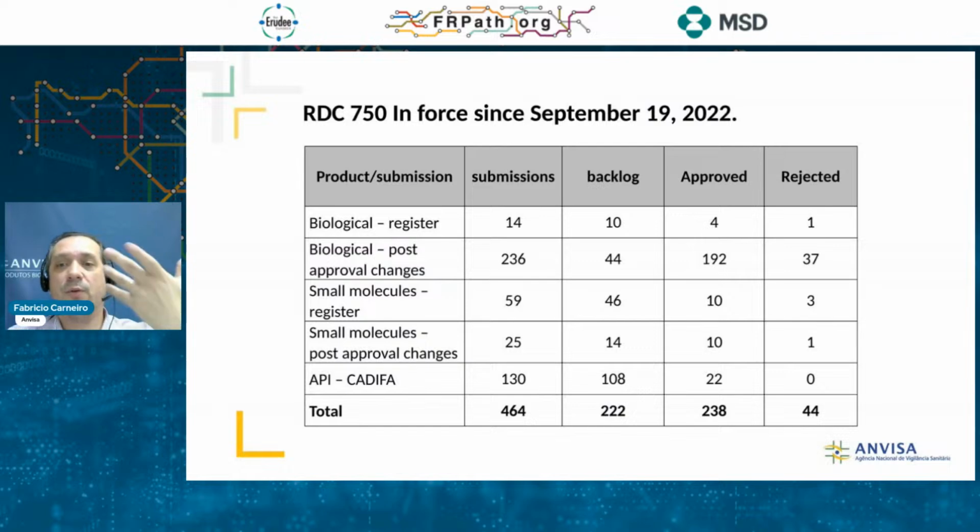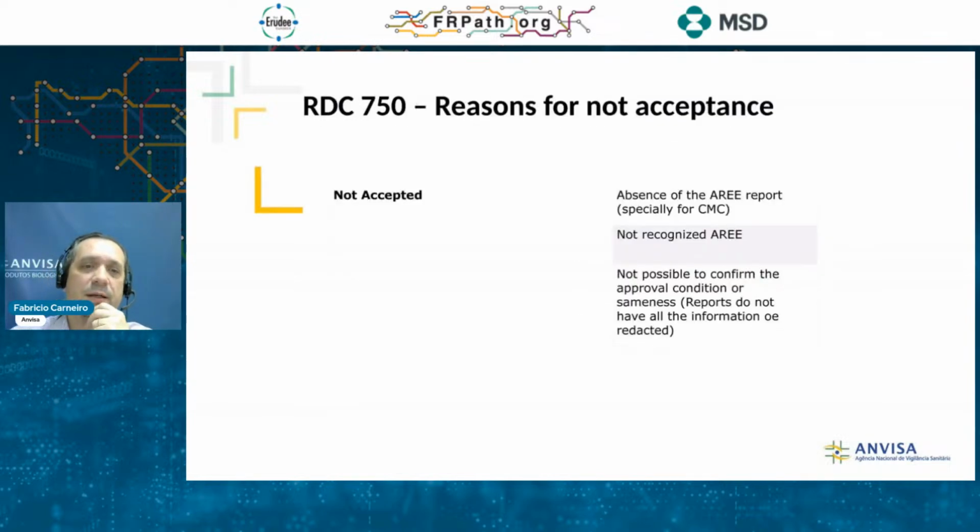So we try to learn, especially from these not approved submissions. What were the main reasons for not accepting the Reliance pathway? Especially the absence of the reference authority report. In this case, especially for CMC, as you could see, we had 37 submissions rejected from being assessed in the Reliance procedures.